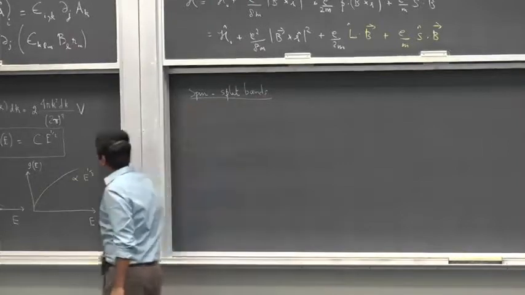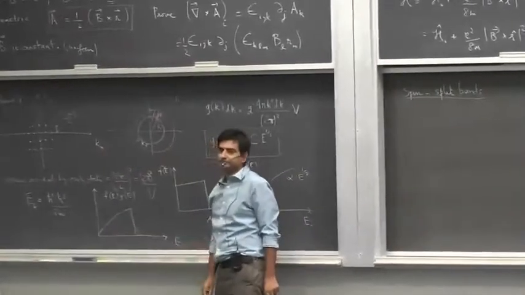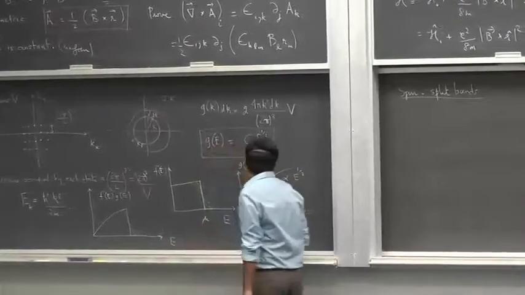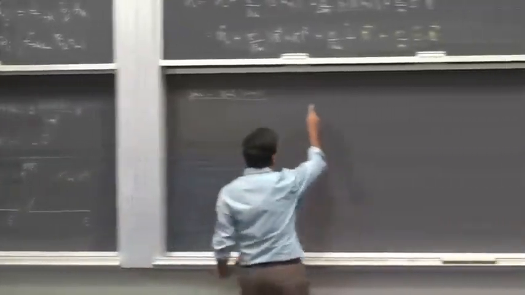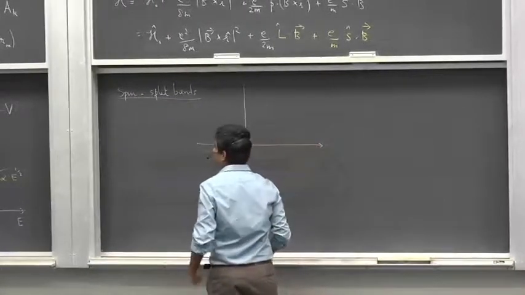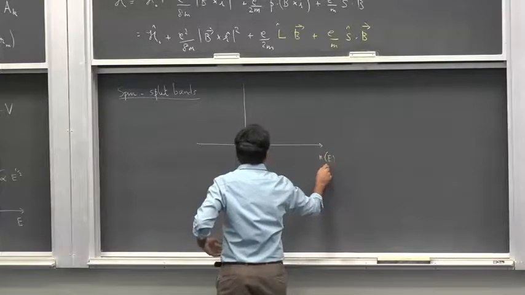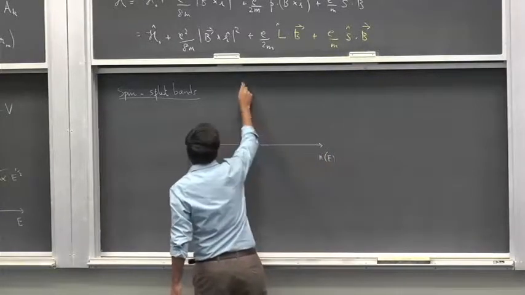Okay, I take this curve over here, and I skew this curve and draw it in this fashion. This is my number of electrons. This is my E.